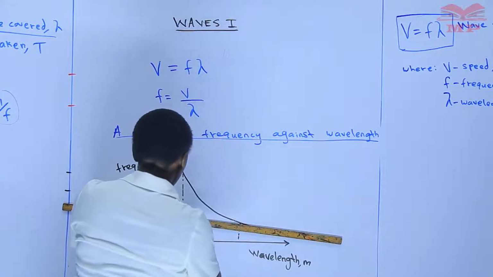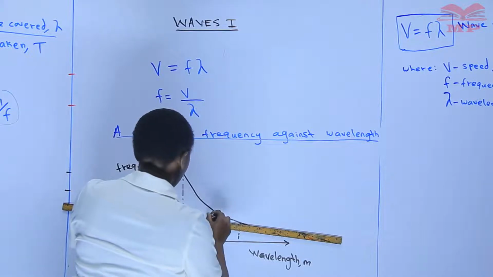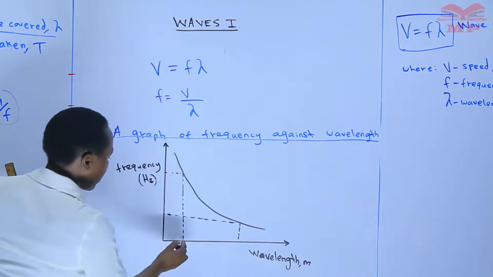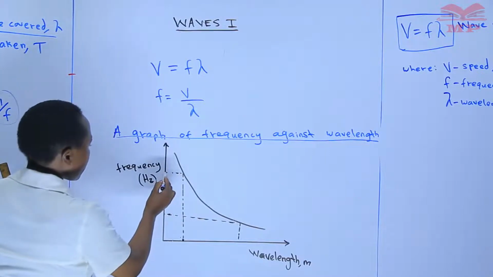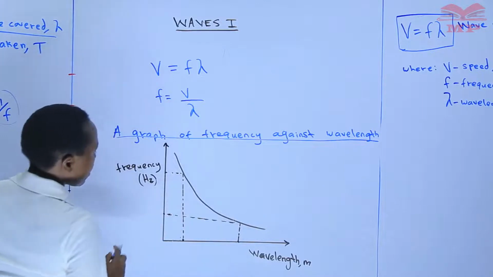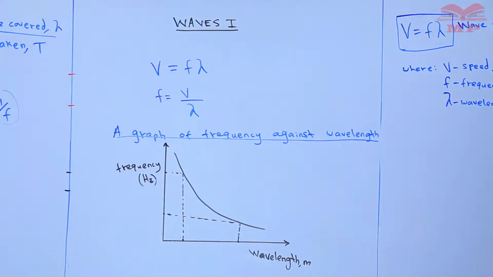It's clear from here. So you can see, initially when the wavelength is low, the frequency is high. And when the wavelength is high, the frequency is low. So that is the relationship between frequency and wavelength.